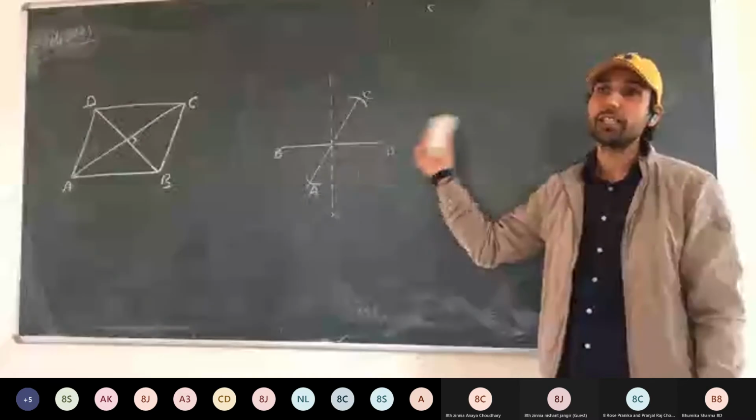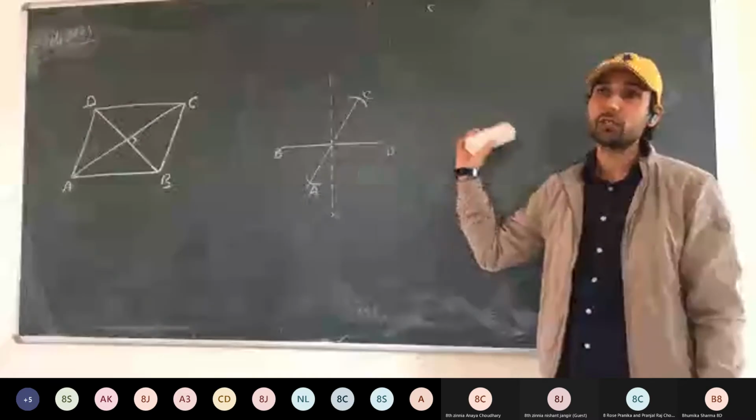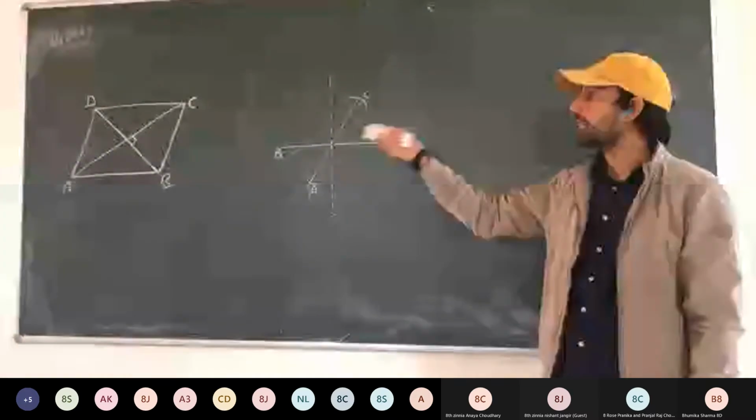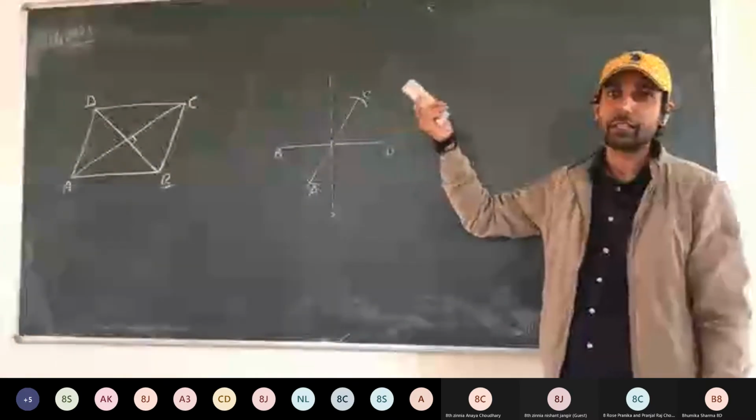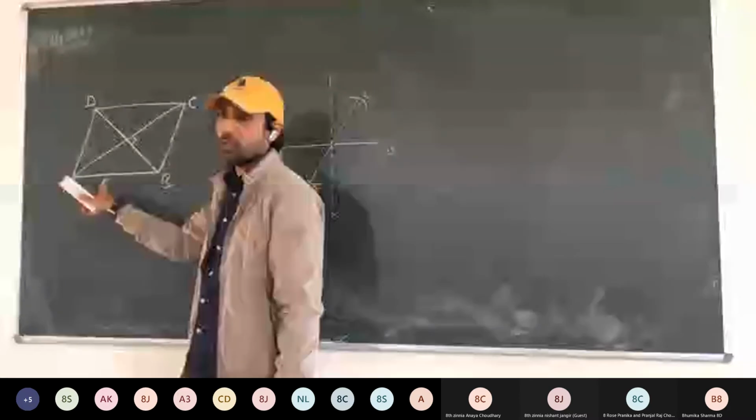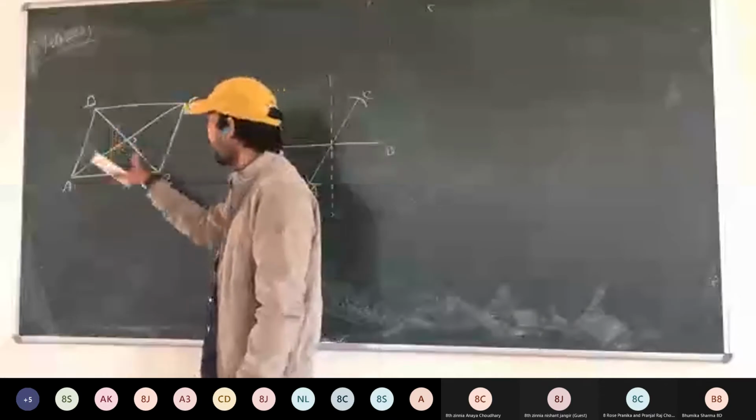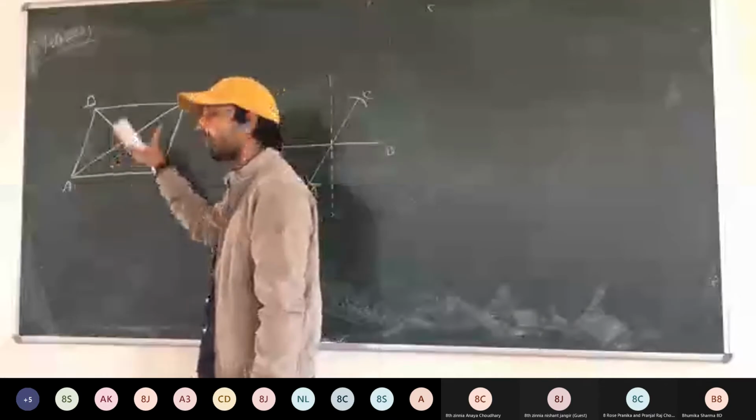That is, the diagonals are perpendicular to each other in a rhombus. All the sides are equal and parallel, and the diagonals meet at 90 degrees. These are the properties.